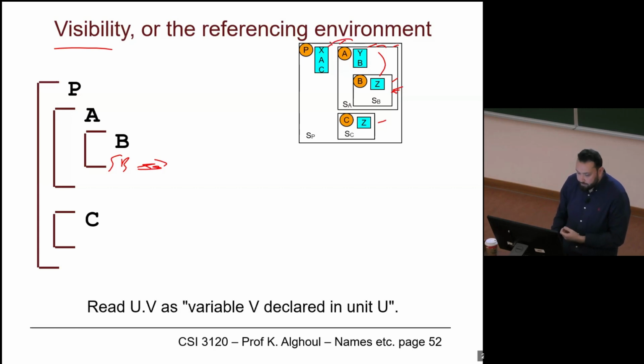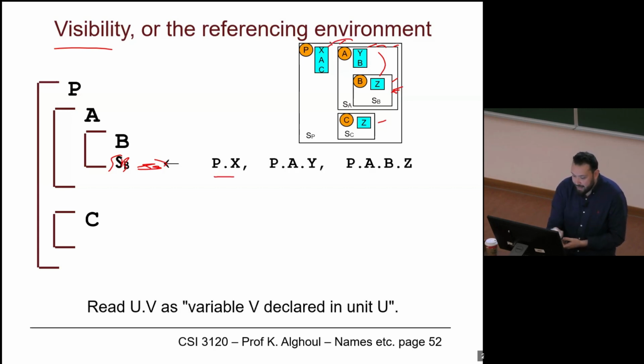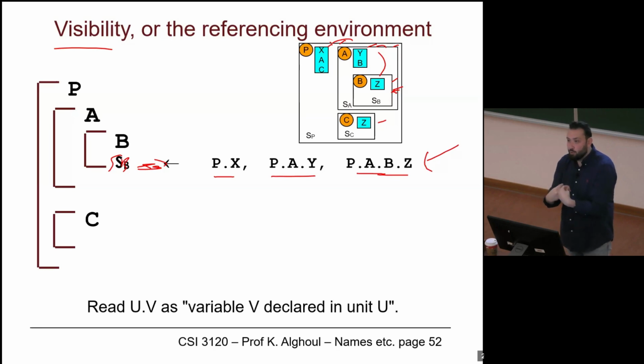So technically, it's like this: P dot X, P dot A dot Y, and then P dot A dot B dot Z. That's what's visible to me. I cannot use anything outside of here. That's why my code is now able to not give me any hallucinations. It knows its scope, it knows its limitations, and then it's able to do everything properly.